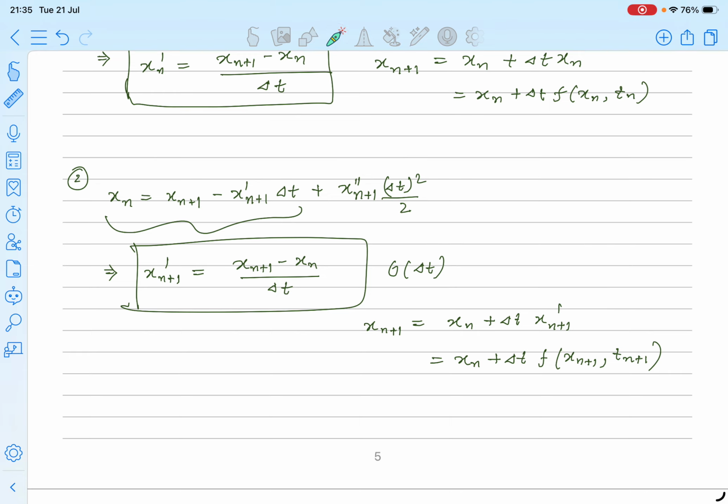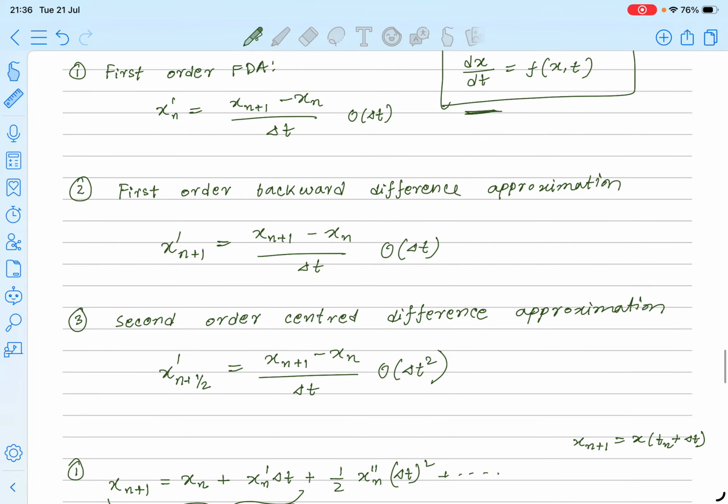So you can see why this is called backward difference, because we want to know x_{n+1}, but for that we have to know the derivative at that point, x_{n+1}, t_{n+1}. So that is the reason it is called backward difference. And obviously the order is delta t. So these two, as I said, are of order delta t, and I proved it.